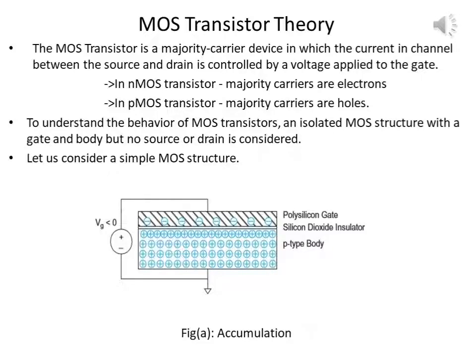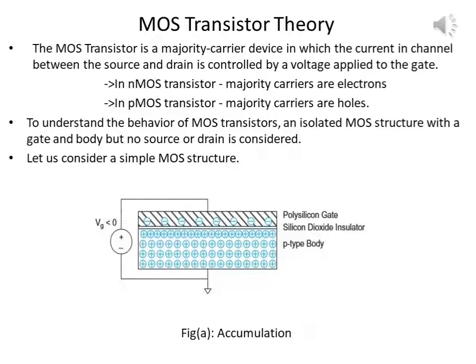For current to pass from source to drain, it depends upon the voltage we apply to the gate. Depending on that gate voltage, the current flows between the source and the drain.